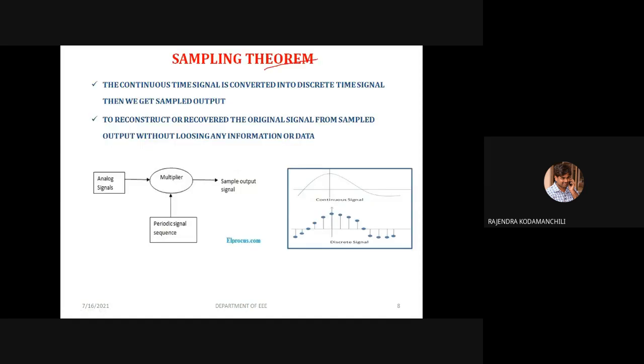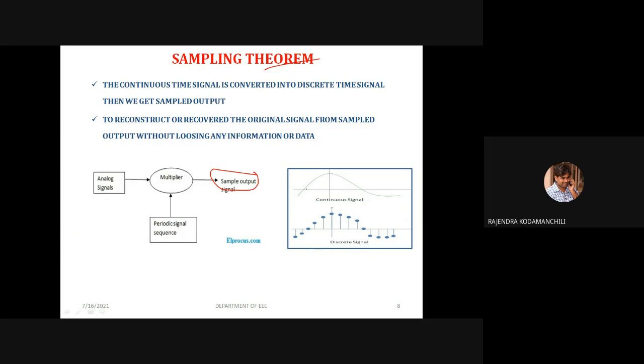Coming to the sampling theorem, here once again we try to recollect the information from our first topic. It is called input. We are getting the output. Okay. What is the need of sampling theorem?